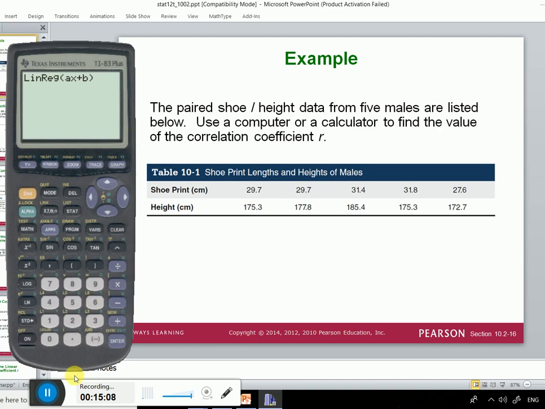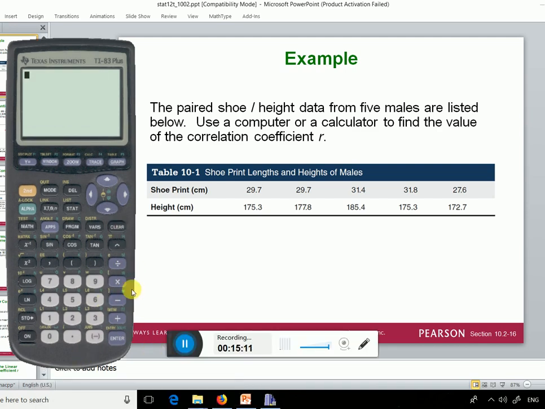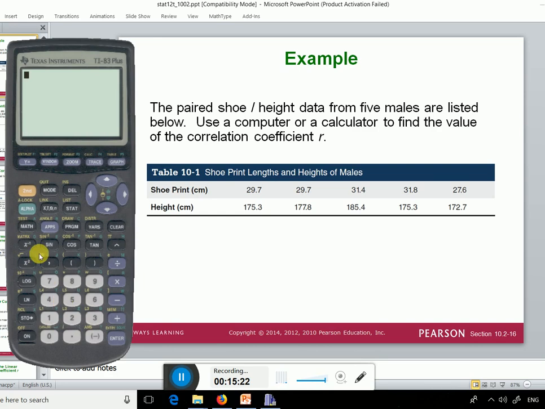How come this is not working? Okay, I think I know what's wrong here. It's slightly different from TI-84. So what you have to do here is, once you have the list of x and y, get out here and go back to stats, go to test. If you are using TI-84, then you can press number 4 and it will give you the coefficient.